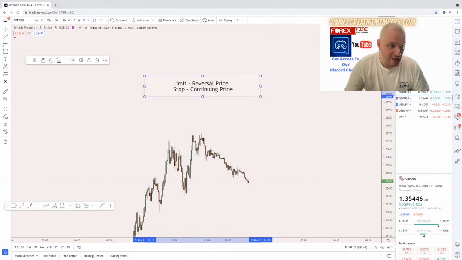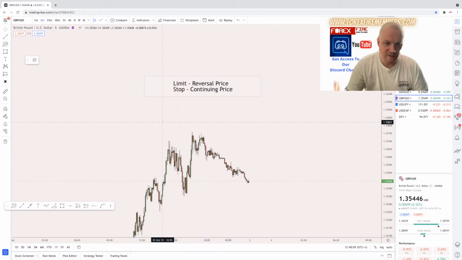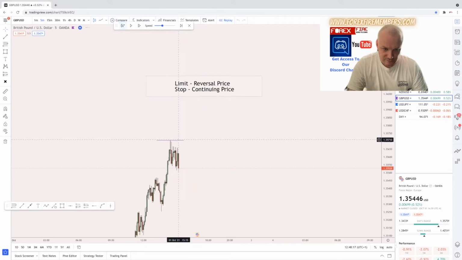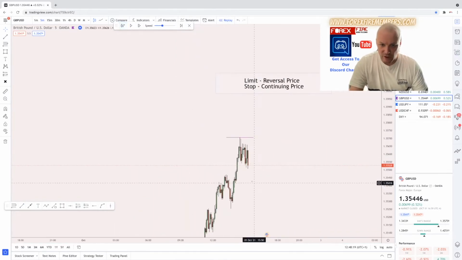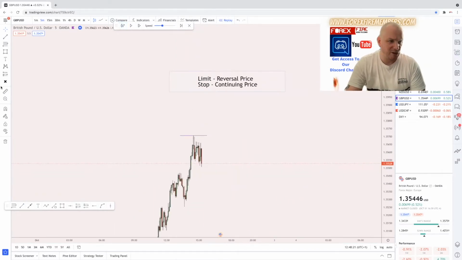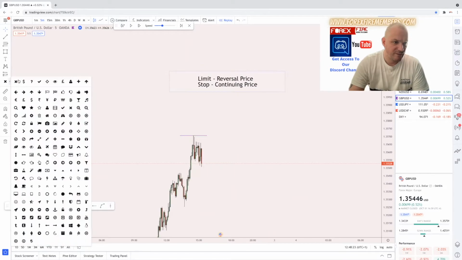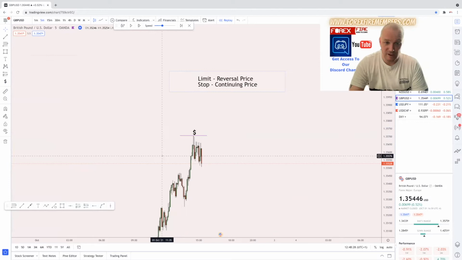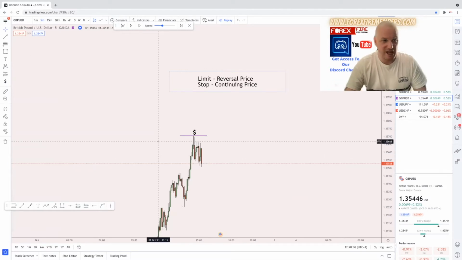Just to give you an explanation, we've got liquidity here. If we put the replay tool here, we've got a liquidity area up on the top. At the moment, liquidity is residing here.